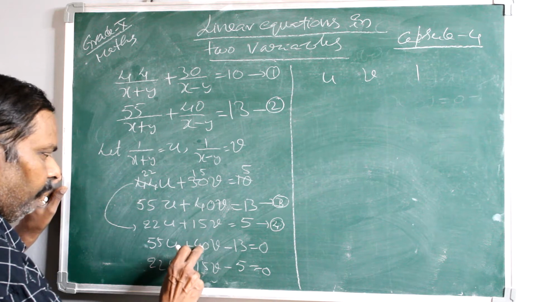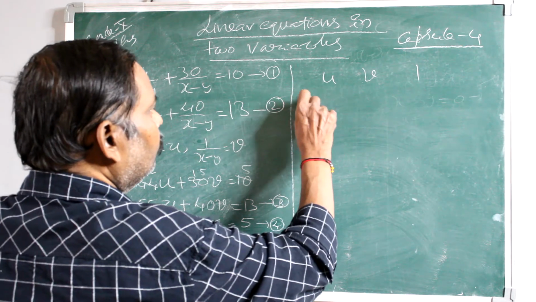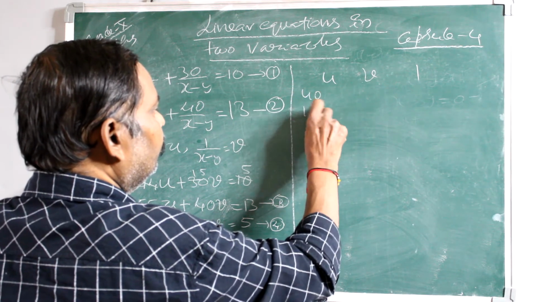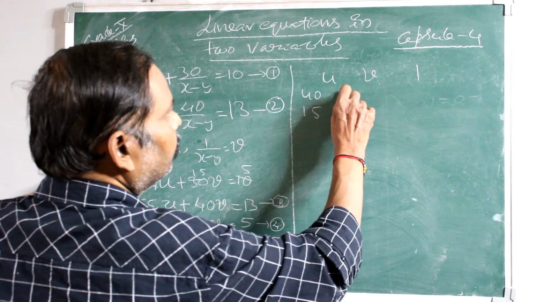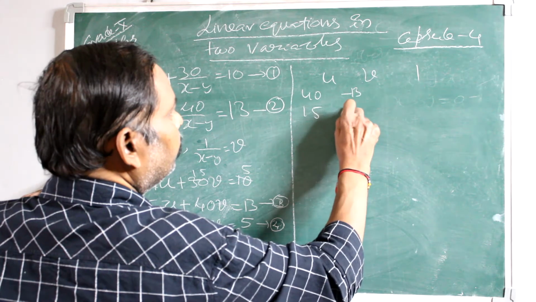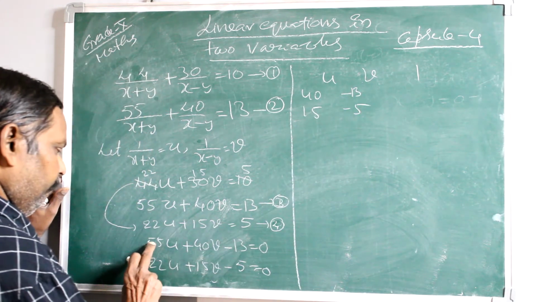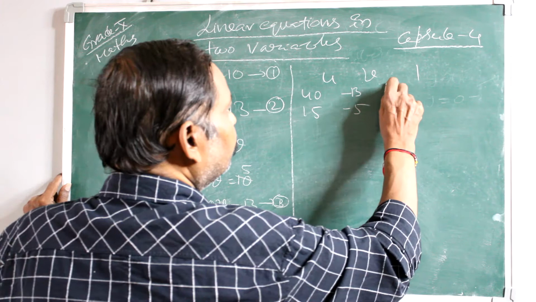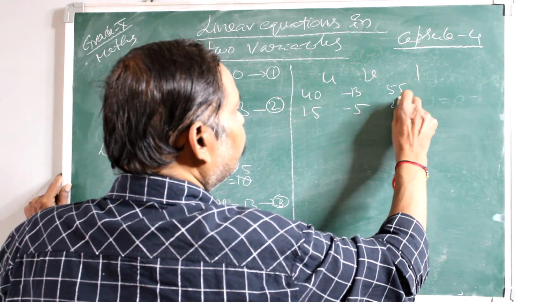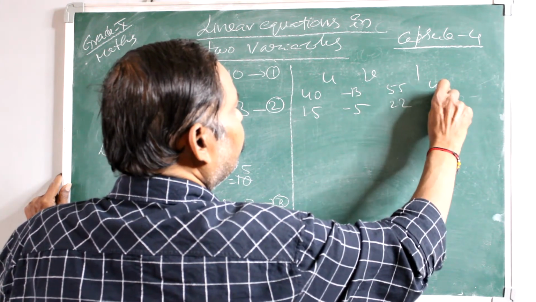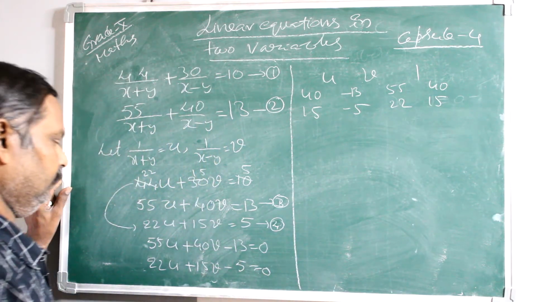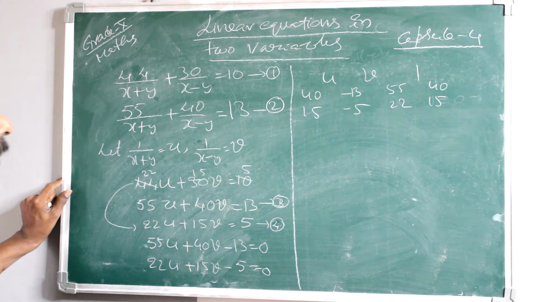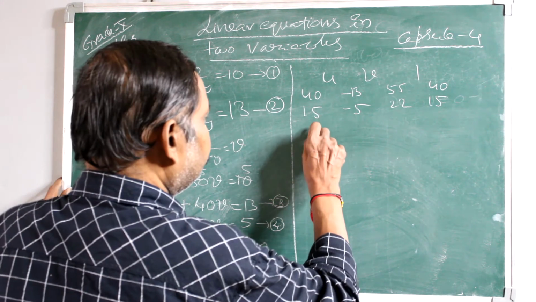The coefficients are 40, 15, minus 13, minus 5, 55, 22 and finally 40, 15. Now go for the cross multiplication.